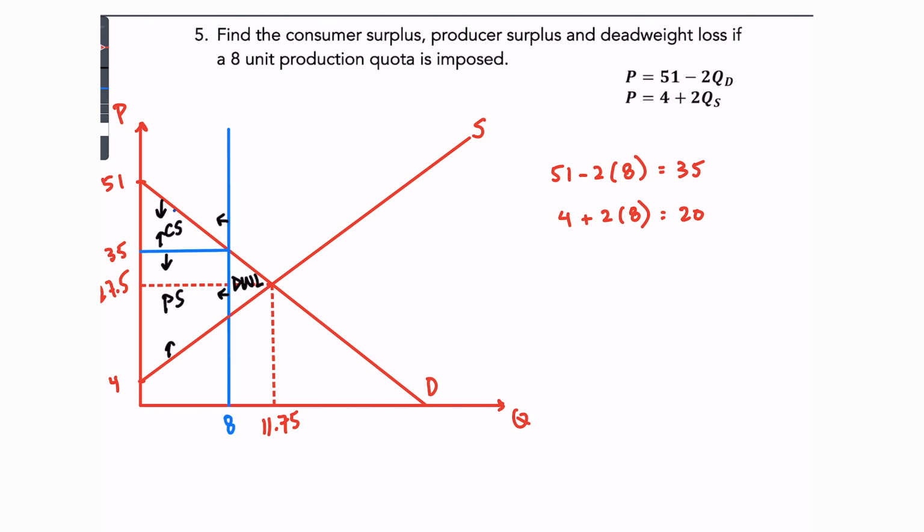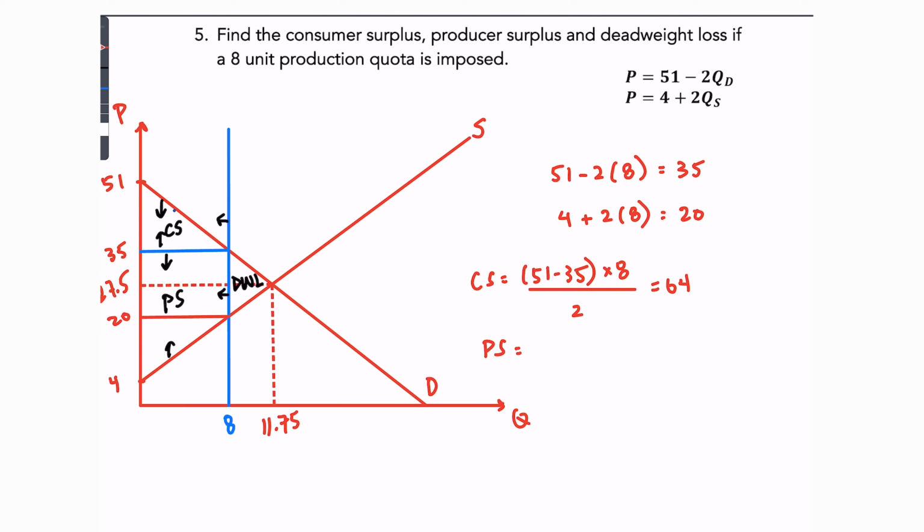So I know that it intersects supply here at 20. So I've got all the values I need now to find the areas. So we'll start with consumer surplus, which is a triangle. So the base would be the difference between 51 and 35 times 8 divided by 2. So for this, you should get 64.